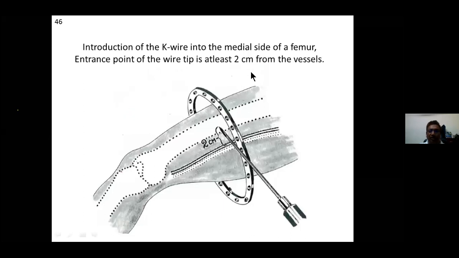Introduction of K-wire into the medial side of a femur. The entrance point of the wire tip must be 2 centimeters from the vessels to prevent injury of the vessels.